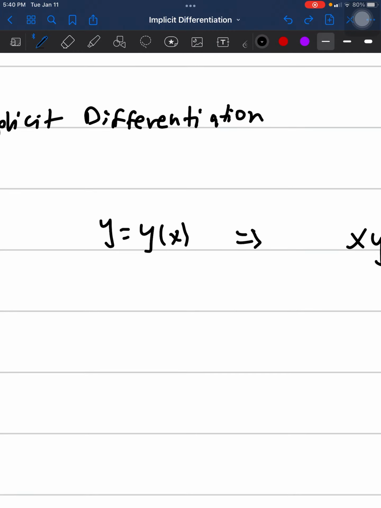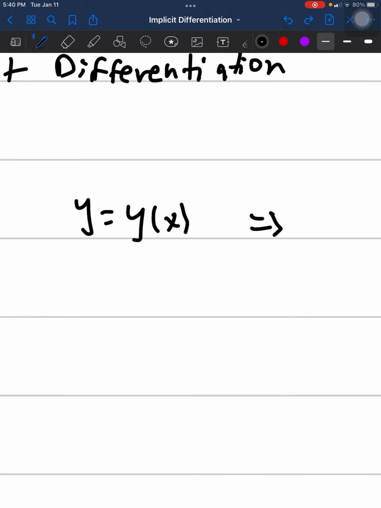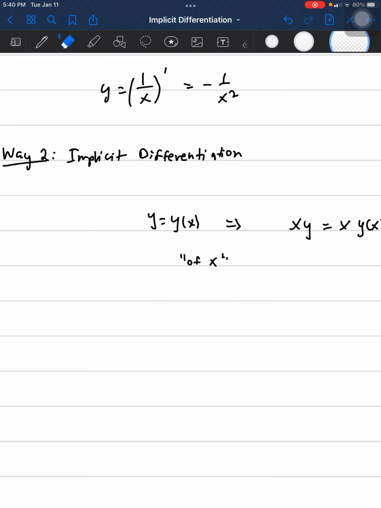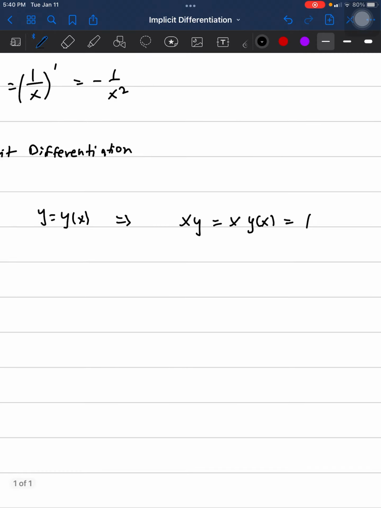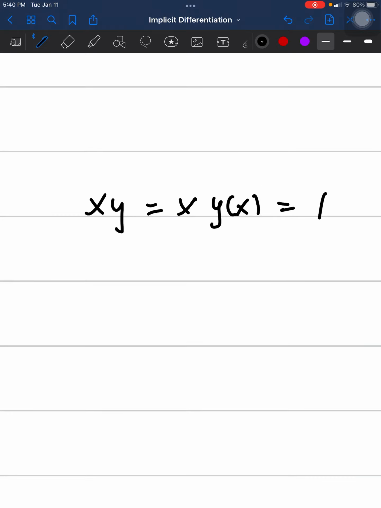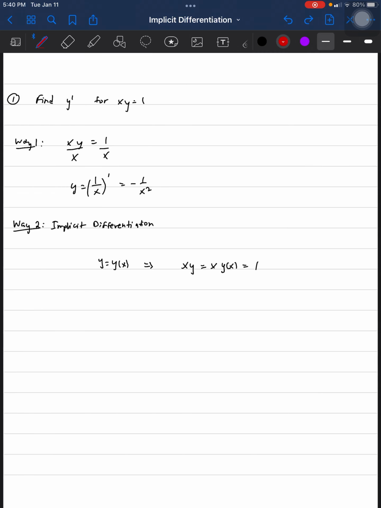We're basically doing the same thing here. We're making y a function of x, so y equals y of x. The "of x" represents that y is a function of x. We're showing that by rearranging and substituting for y into the original equation. So all we really did is change this xy into this. We made this into a function of x.